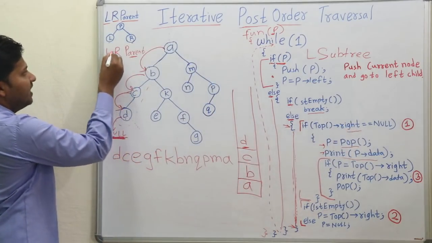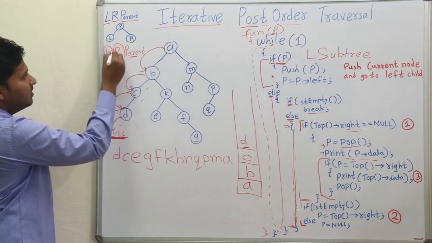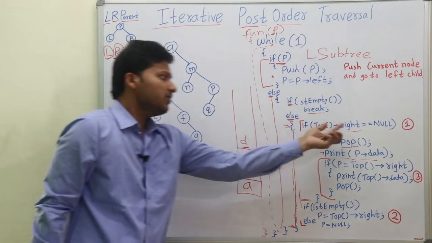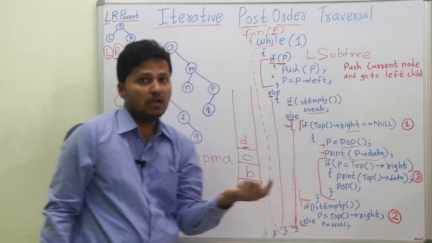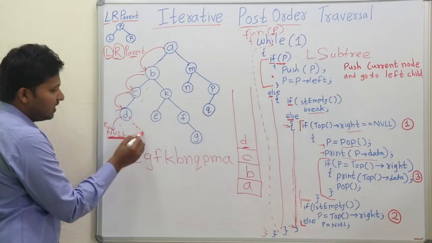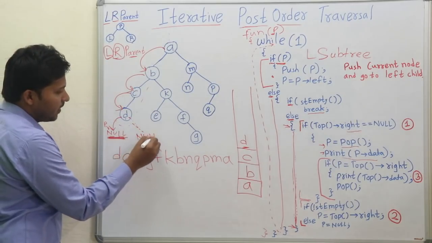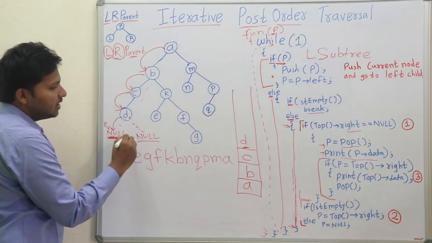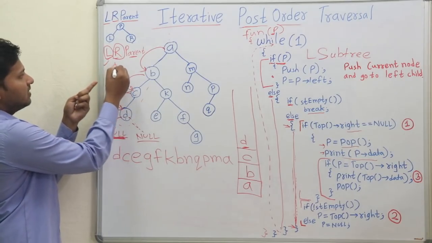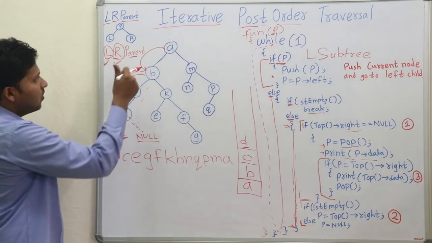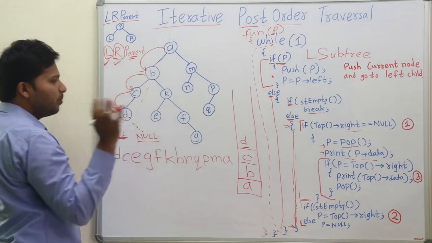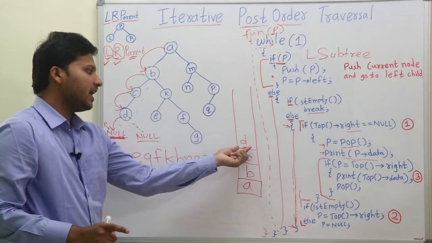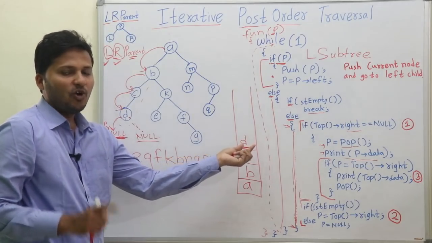As the left child is over, now check for the right child. If the right child here is also null, then that means the left and the right child are processed. So finally we come to the parent, and the parent is at the top of the stack.